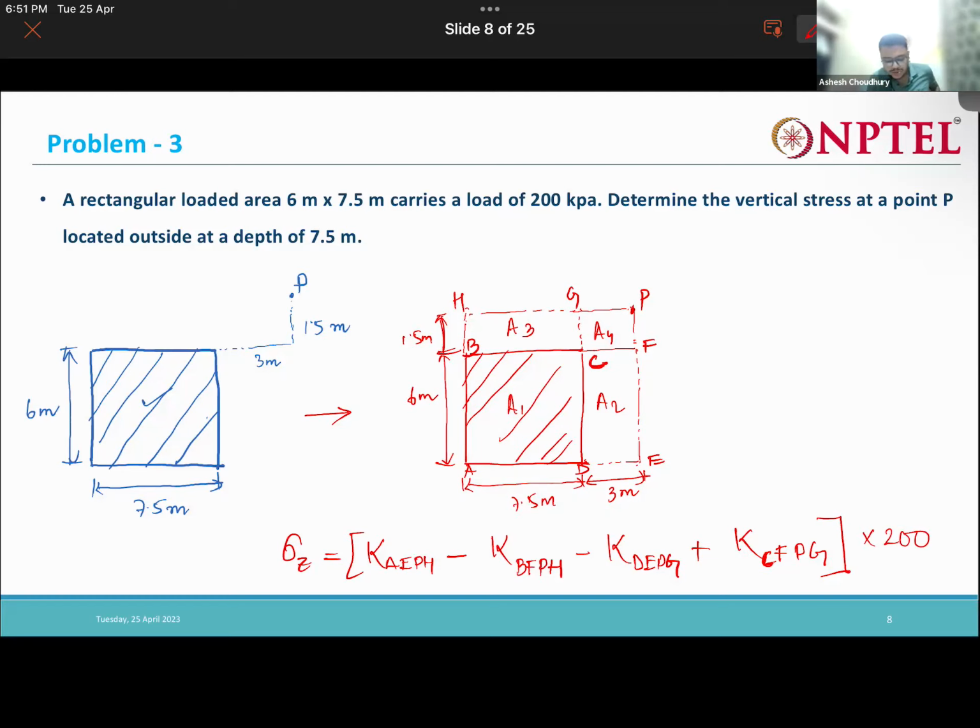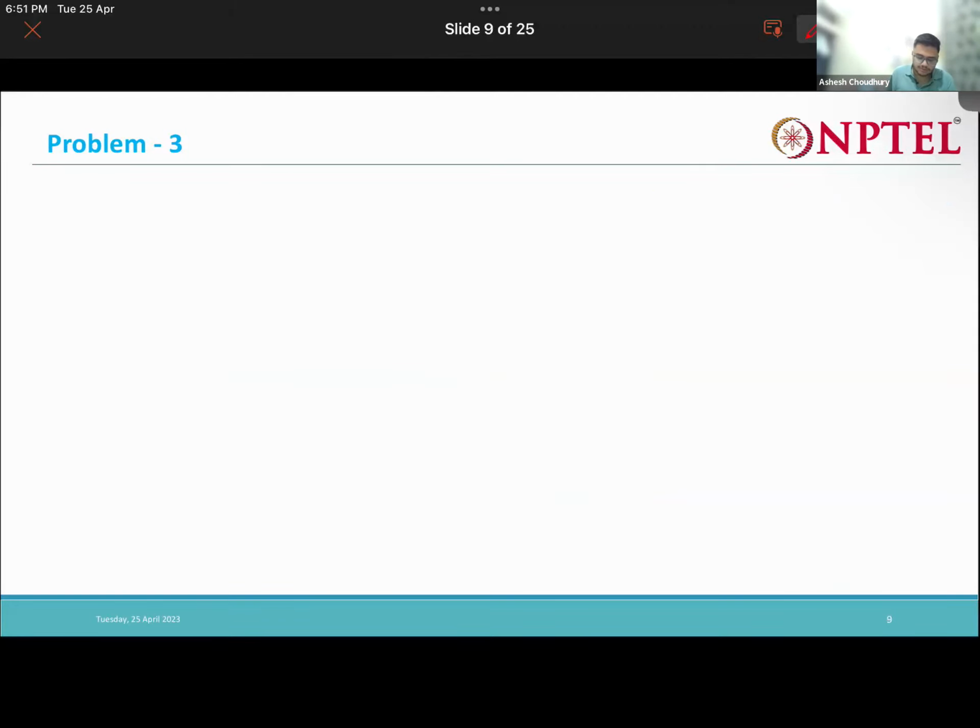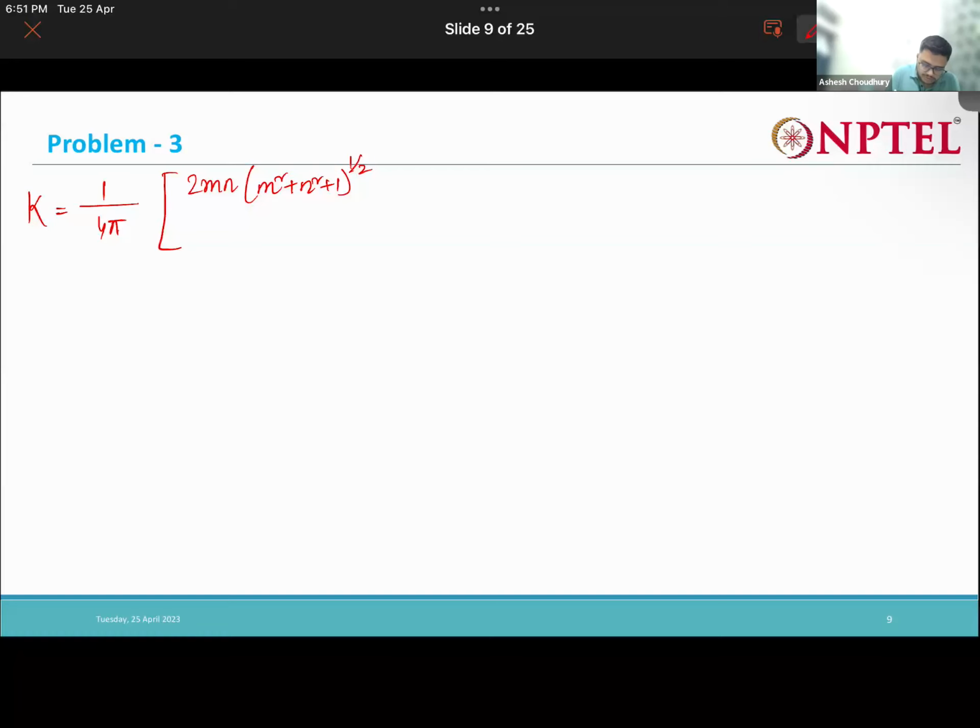So for 4 times what we need to do, you need to find out this K value. So it's a little bit lengthy problem, right? Because you know this K formula is really big. Say you don't have the table with you, then you need to use this formula.